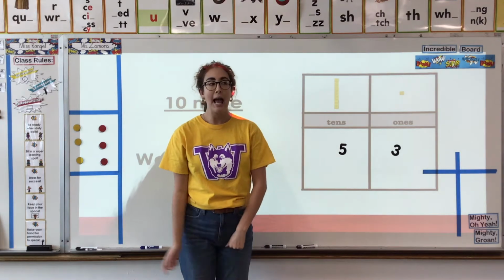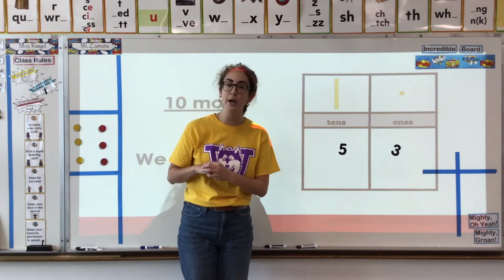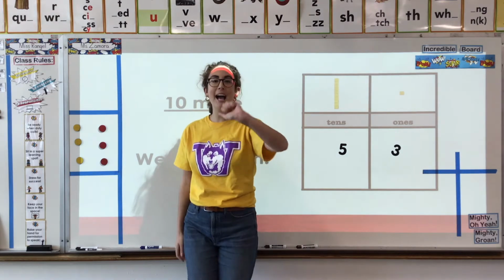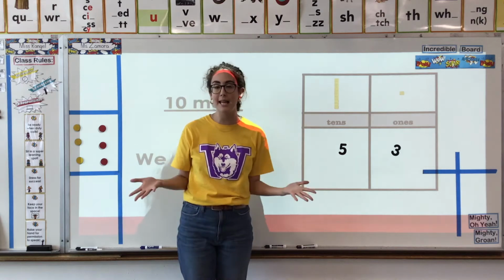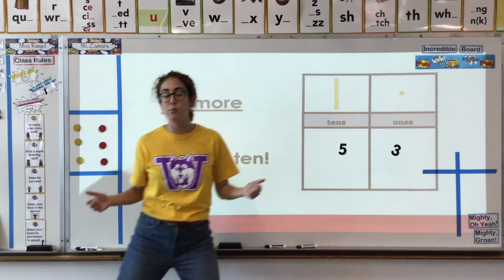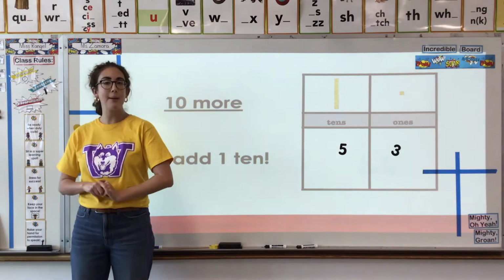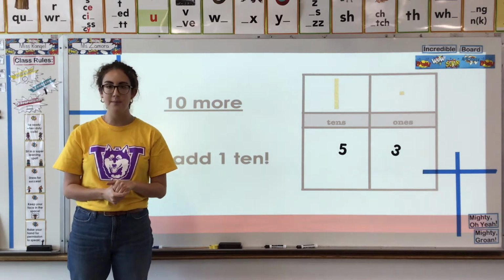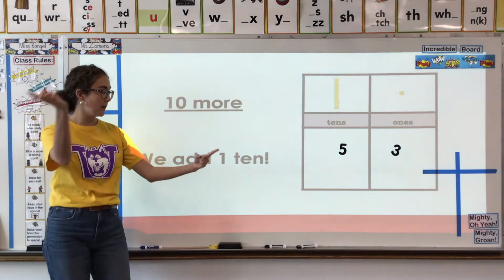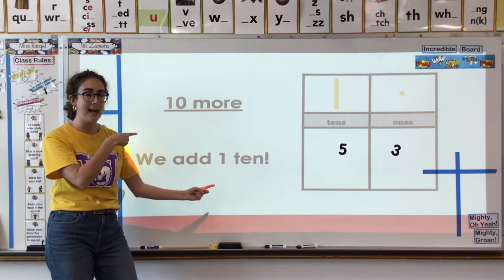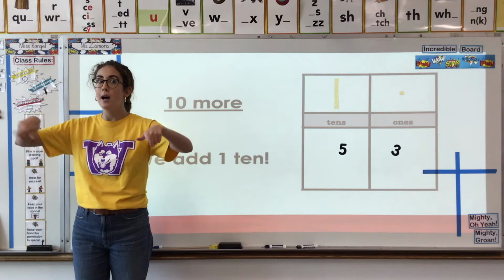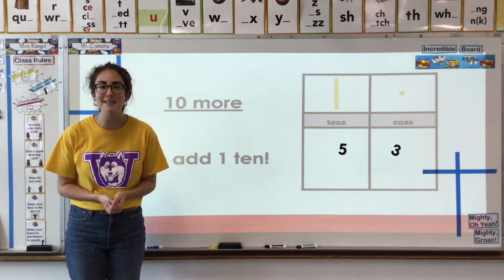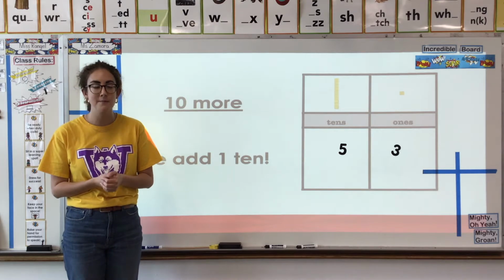So if we have the number 53. How many tens are in the number 53? There are 5 tens because the 5 is in the tens place. So if we have the number 53, and I'm going to ask you, what is 10 more than 53? I'm going to ask you to add 10 or skip count up a 10. All of those questions are asking you to do the same thing.